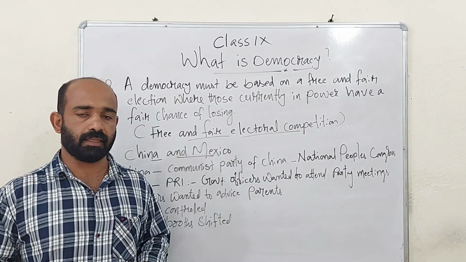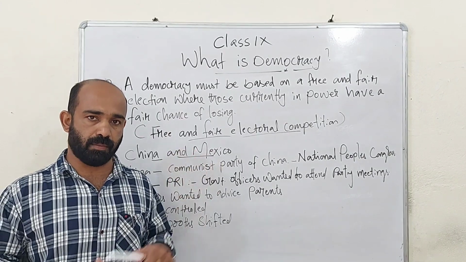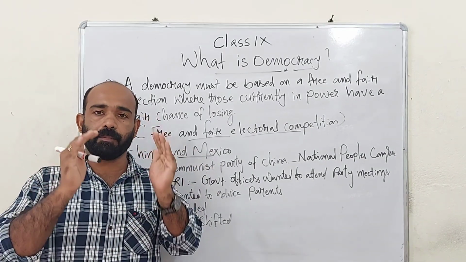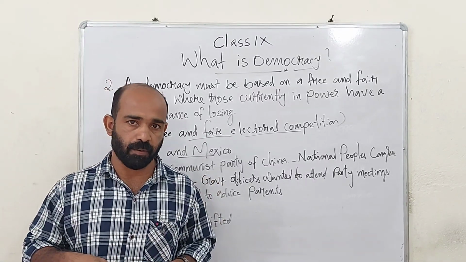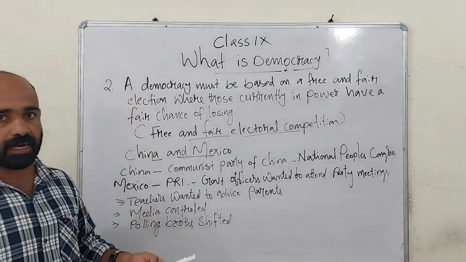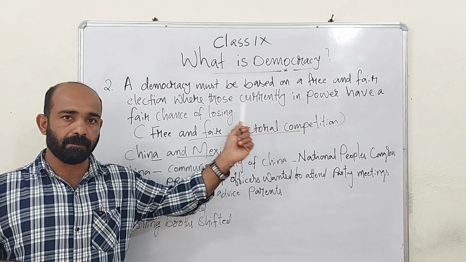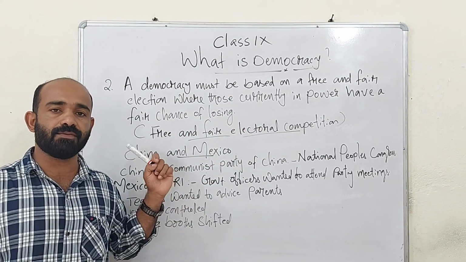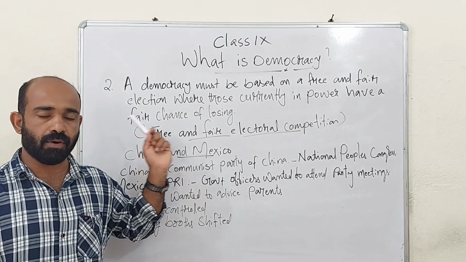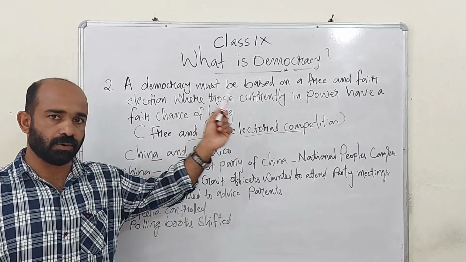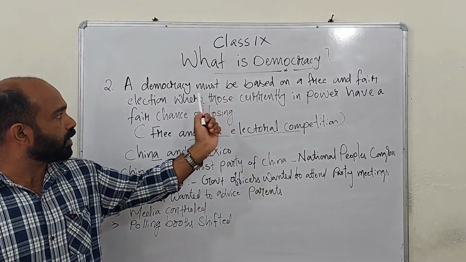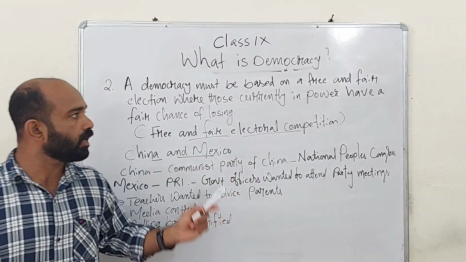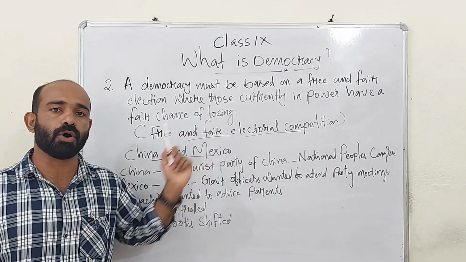Now, let us see the second feature of democracy, to know deeply whether a country is a real democracy or a pretending democracy. This feature is that a democracy must be based on a free and fair election, where those currently in power have a fair chance of losing.